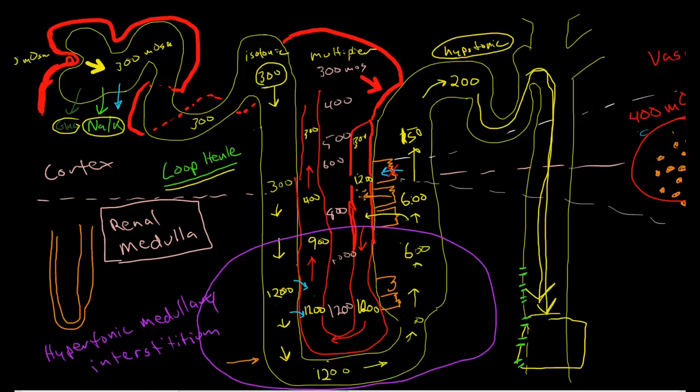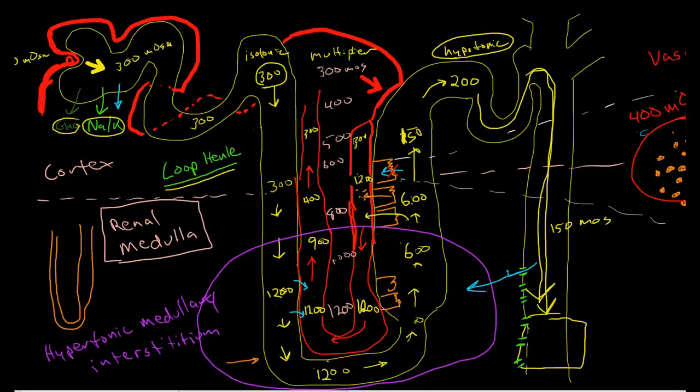So that's one choice. It can either insert these aquaporins in, or it can block or remove them. So what happens if you have the aquaporins present? Well, water is going to be pulled out down its concentration gradient, starting from about 150 milliosmoles.